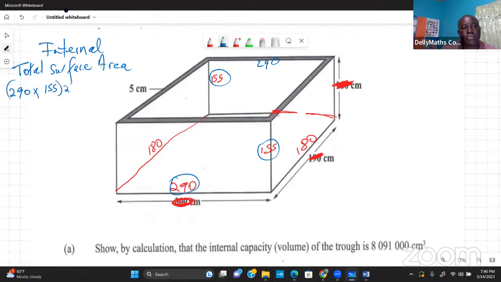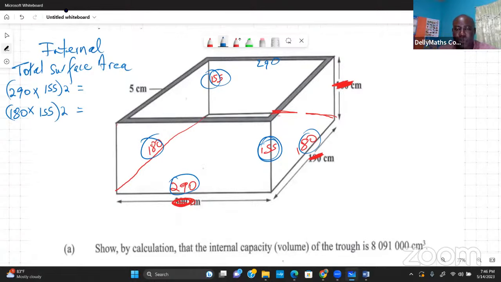I'm going to put the value there. Then the 180 side here times the 155 side here is a twin. So another one is going to have that 180 times the 155, times 2.